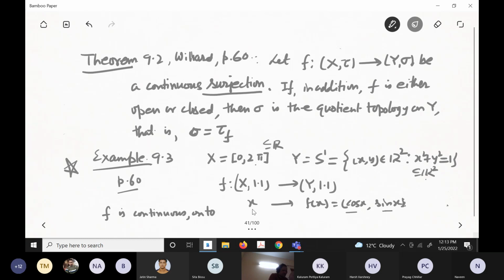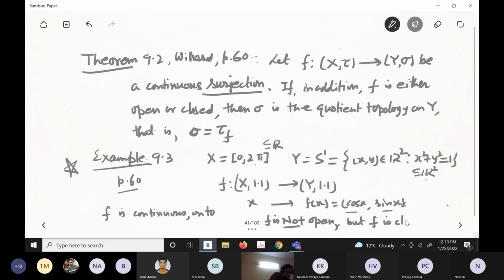Now the thing is that this is not open. Last time I made a mistake, and I'm not very sure what I said. This map f is not open, but f is closed.